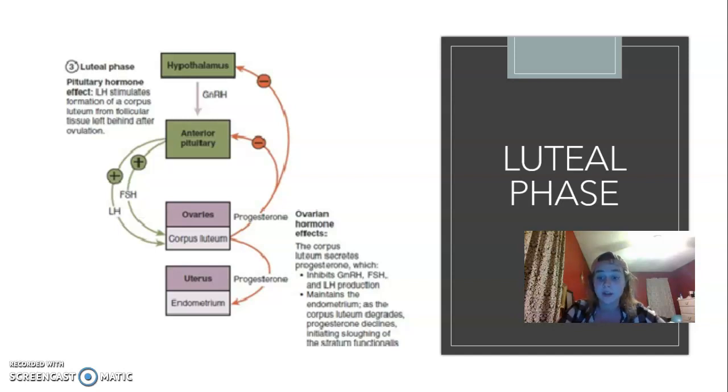If pregnancy doesn't occur within about 10 to 12 days, the corpus luteum stops secreting progesterone and is degraded into the corpus albicans. This is basically a non-functioning cell that will disintegrate in the ovary over a period of several months. During this time, progesterone secretion is reduced, and so FSH and LH are once again stimulated.